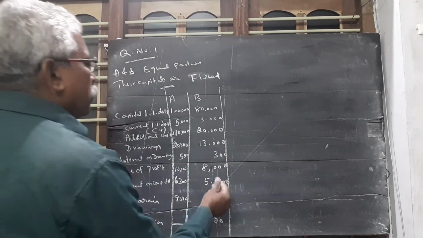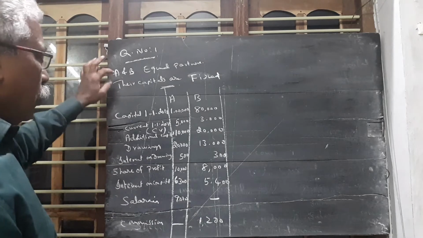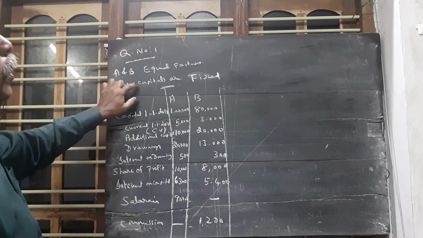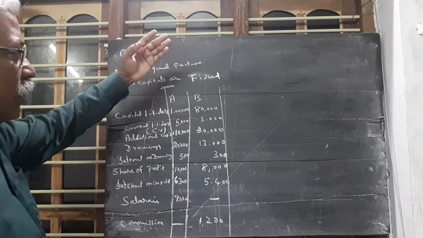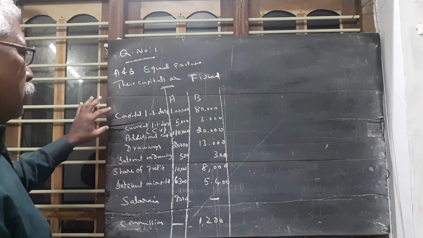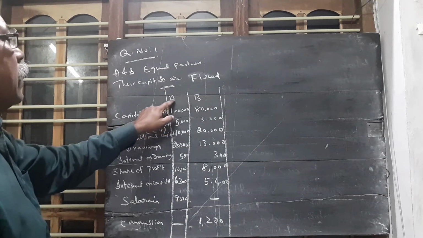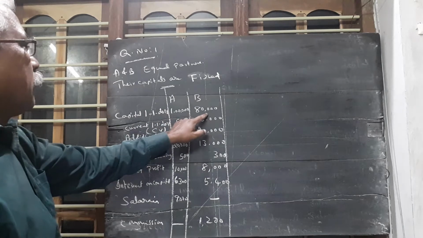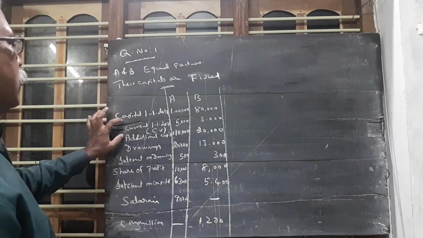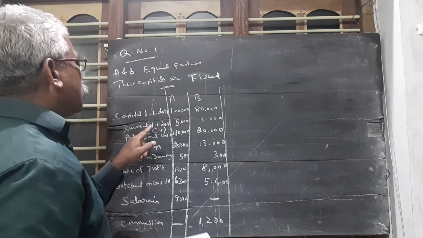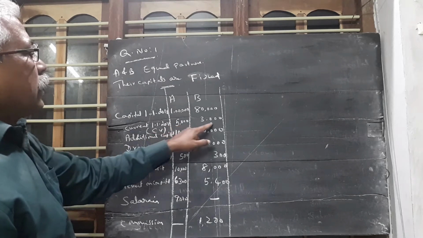Once again, I simply read the question. A and B are equal partners. Their capitals are fixed. They maintain the capital accounts under fixed capital. On 1/1/2018, A's capital is 1,00,000 and B's is 80,000. The current account shows the credit balance on 1/1/2018: 5,000 and 3,000.